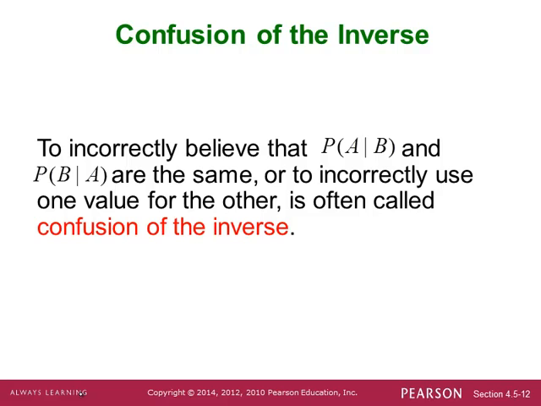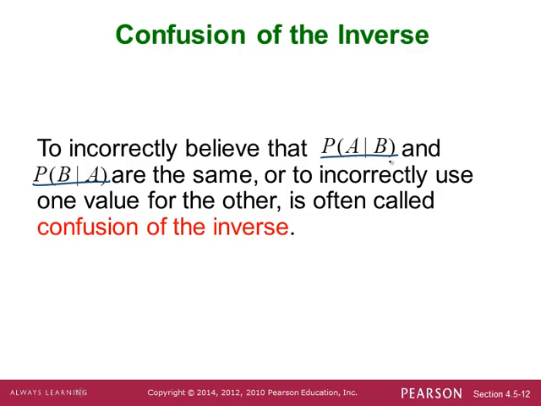Just as a parting word, the probability of A given B is really not the same, usually speaking, as the probability of B given A, unless A and B are independent of each other. Otherwise, if A and B are not independent, then the probability of A given B and the probability of B given A are not going to be equal.